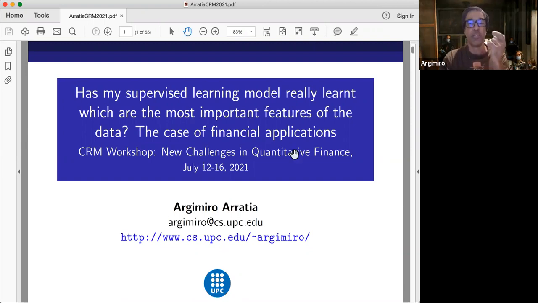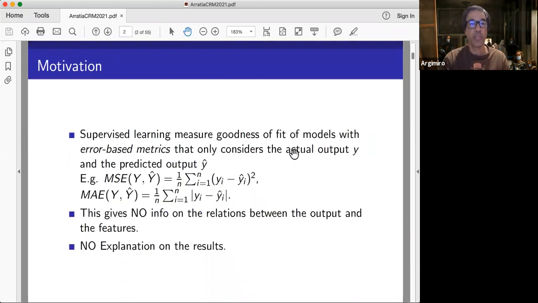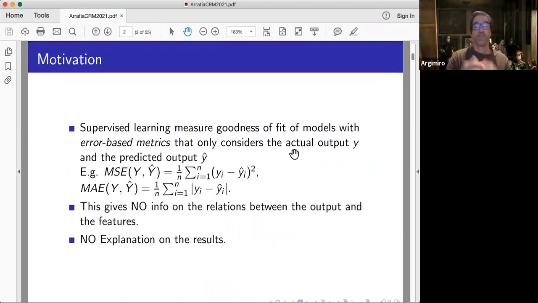So there have been developed several measures for knowing what these models do and how the variables have impact.